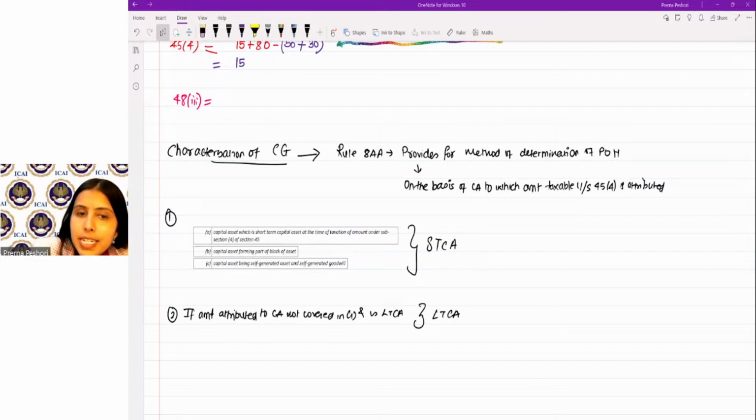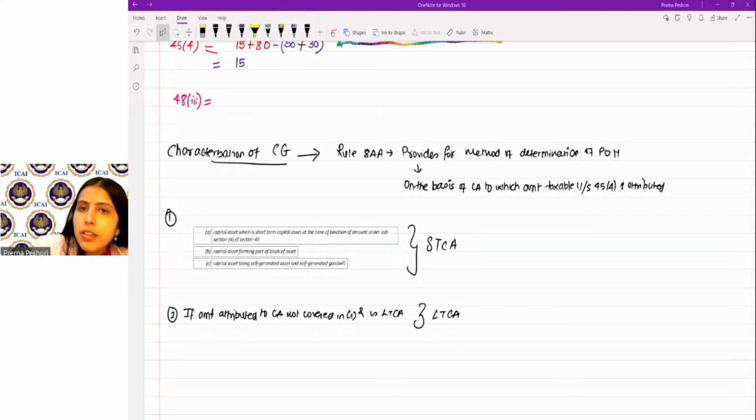The capital gain to the extent of the proportion of this asset will be short-term. So if X was short-term, 30 will be short-term, and if Y was long-term, then 60 will be long-term.